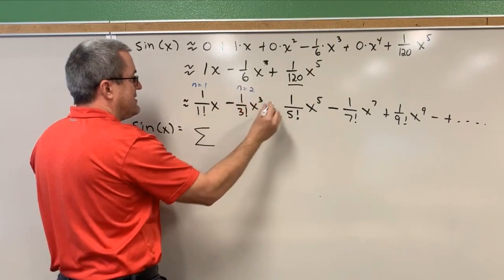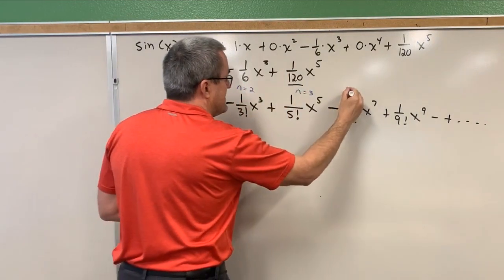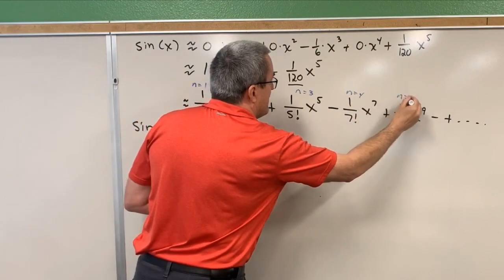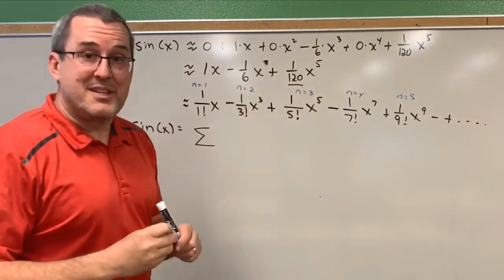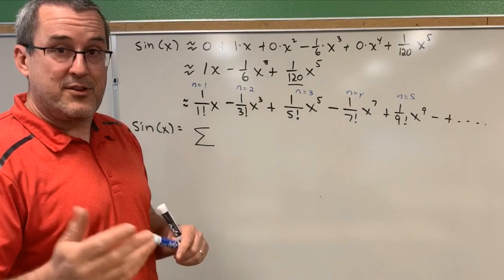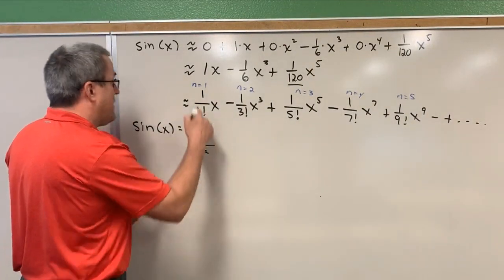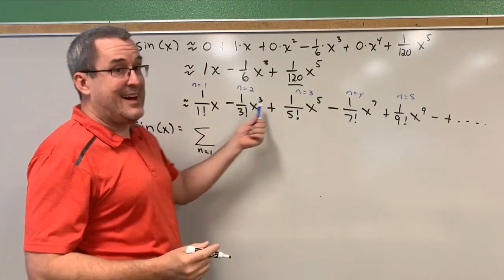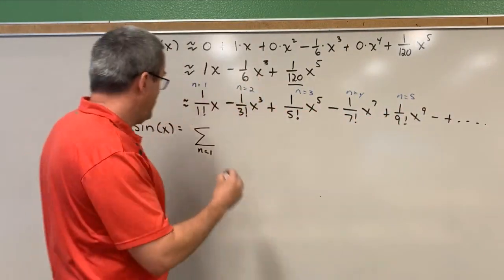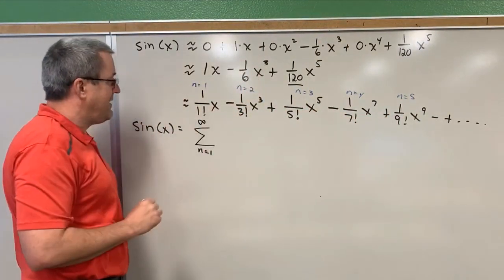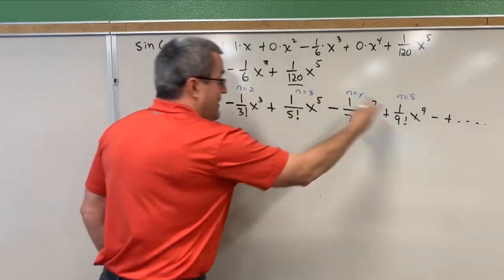This is the second term. This is the third term. This is the fourth term. This is the fifth term. So n will represent the number of the term, first, second, third, fourth, and fifth. So we're going to allow n to go from 1, and ideally, to get a perfect approximation, we're going to go to infinity.